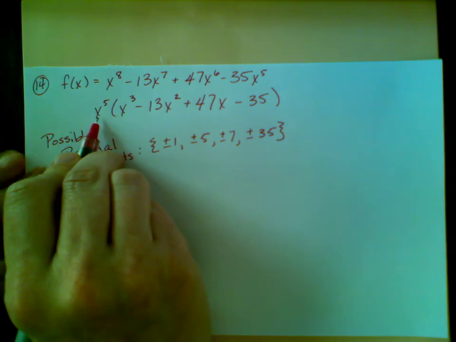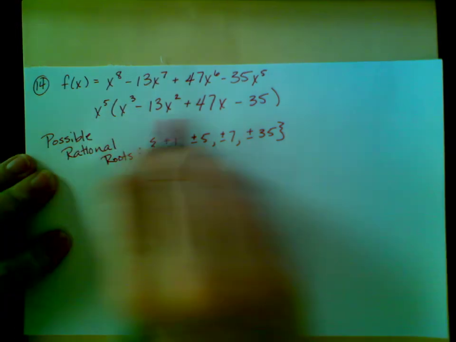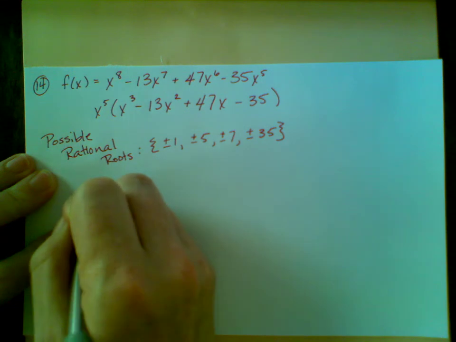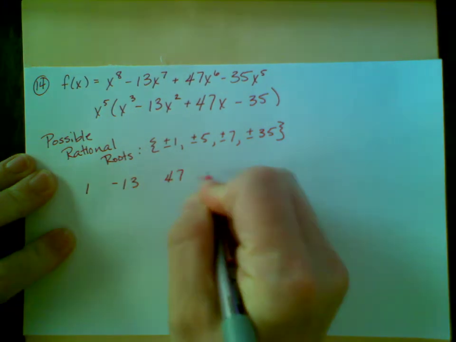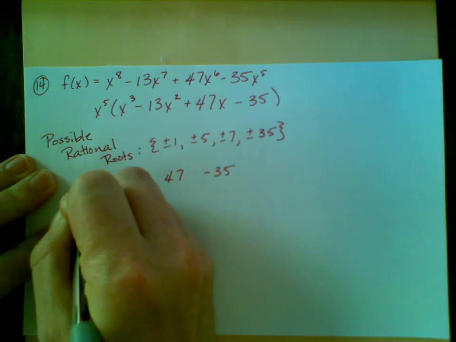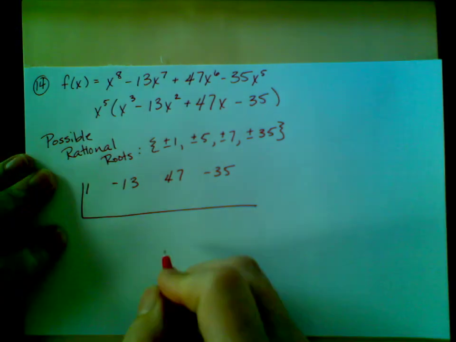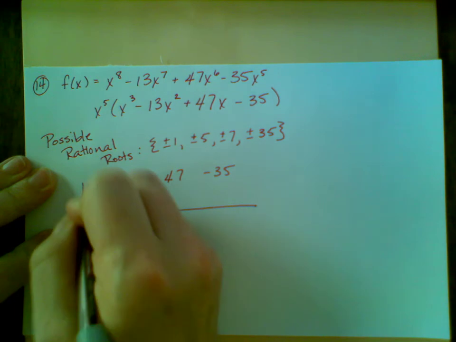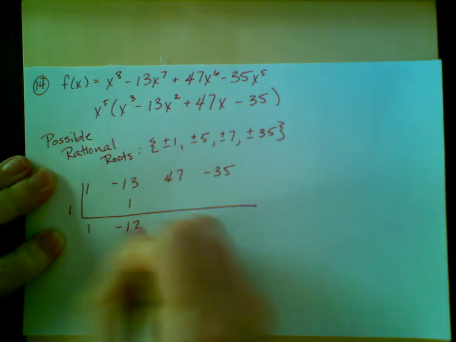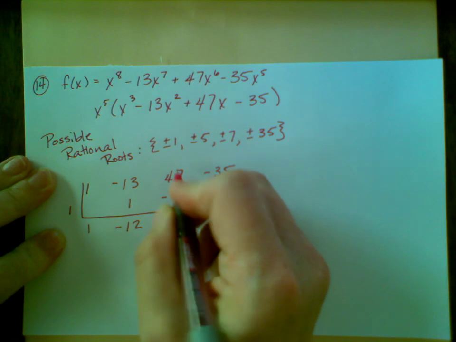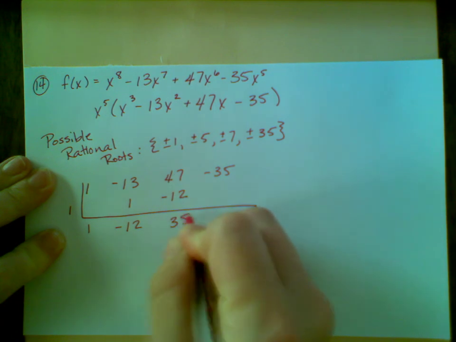I'm going to ignore the x to the 5 and just try to factor this cubic polynomial. I'll start with a 1 again just because it's such a simple number to work with. And that'll be a positive 35.